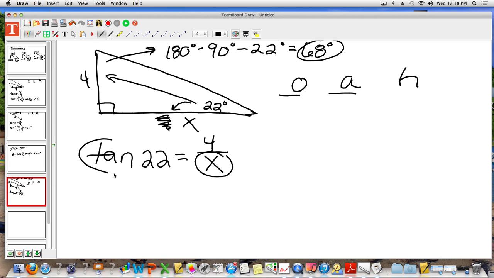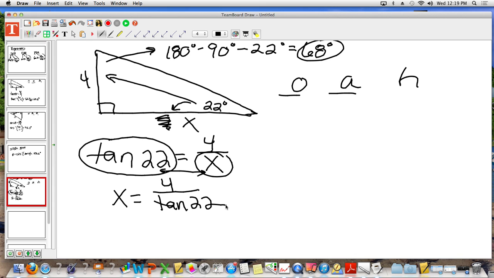So I'm going to take this entire tangent of 22 and put it where the x is, and take the x and put it where the tangent of 22 is. The 4 stays on the top. So we're going to have x is equal to 4 on the top, and on the bottom is our tangent of 22. 4 divided by the tangent of 22.